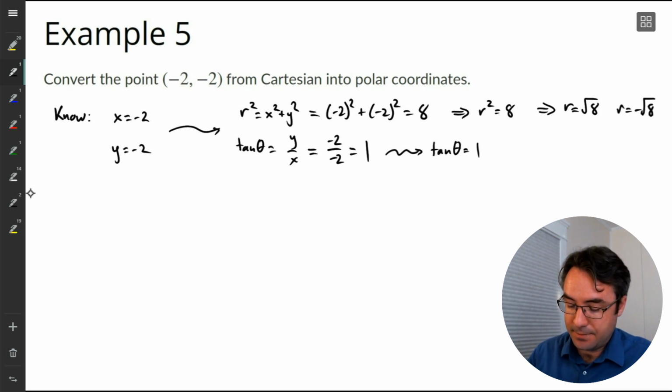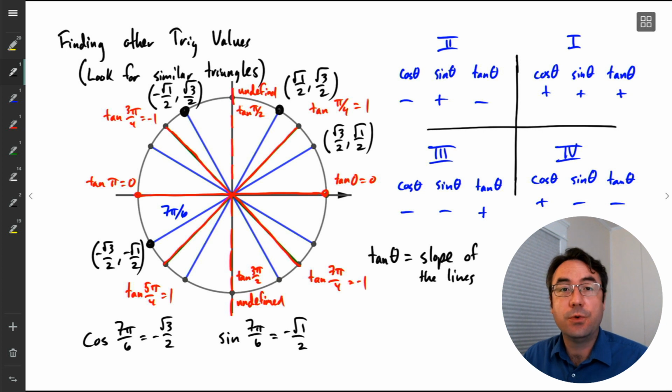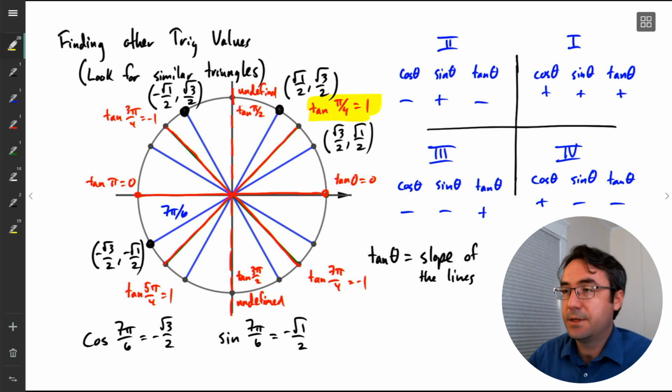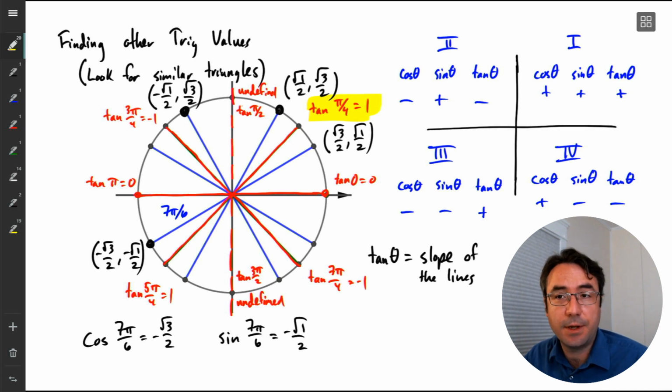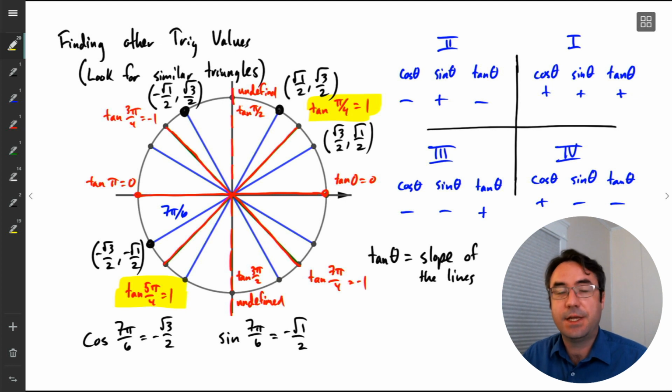Let's go back to our little unit circle here. And we found the angle values where tangent is 1. So we found those right here. Tangent of pi over 4 is equal to 1. But then we also found right down here, tangent of 5 pi over 4 is 1.